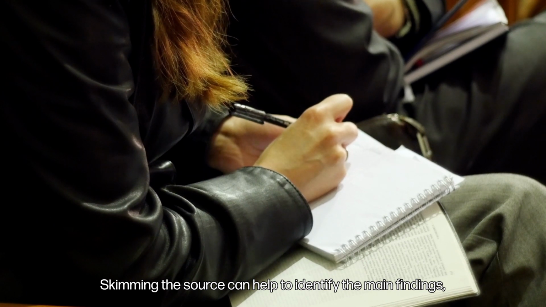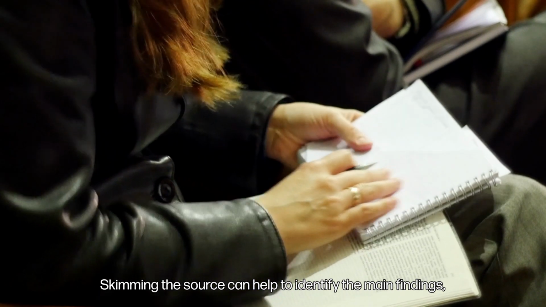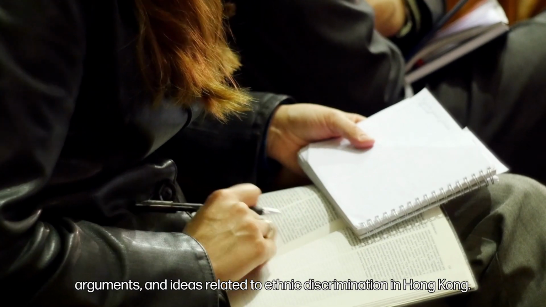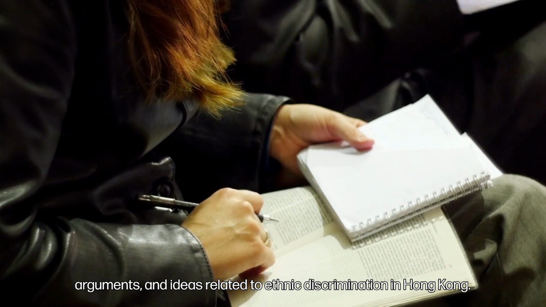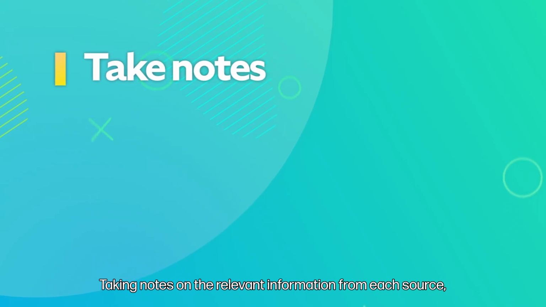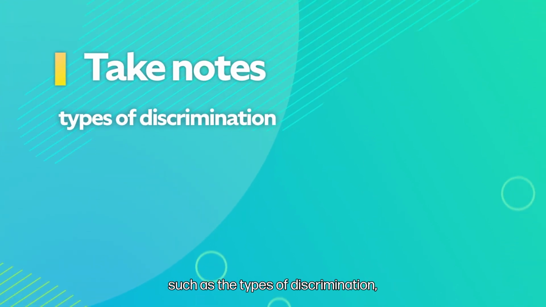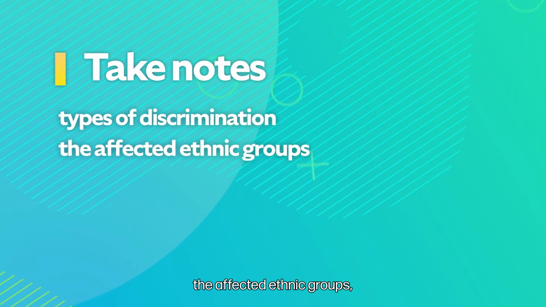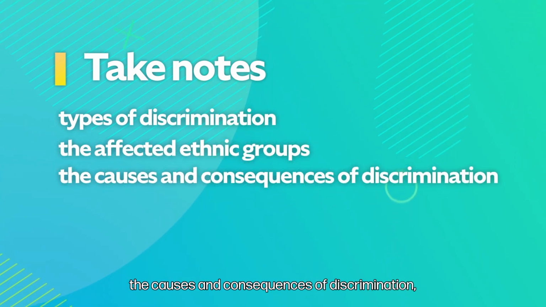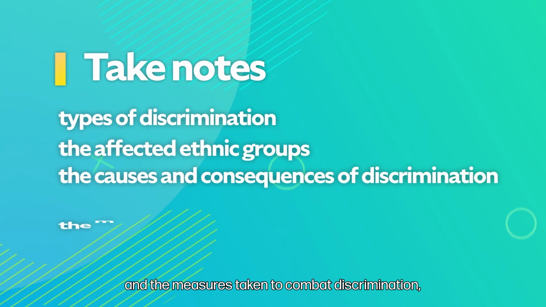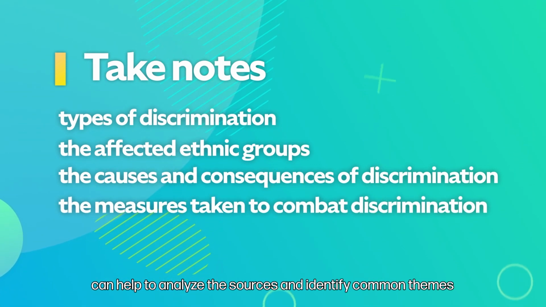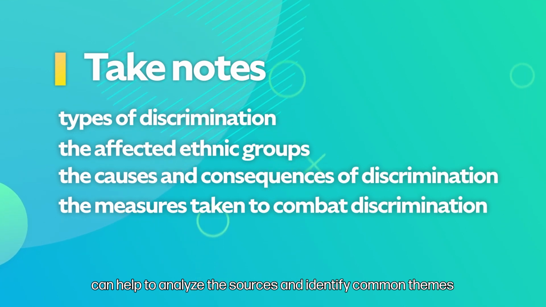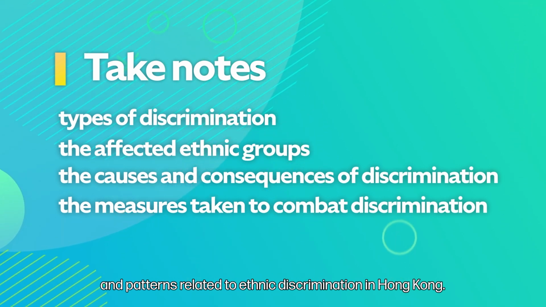Skimming the source can help you to identify the main findings, arguments, and ideas related to ethnic discrimination in Hong Kong. Taking notes on the relevant information from each source, such as the type of discrimination, the affected ethnic groups, the causes and consequences of discrimination, and the measures taken to combat discrimination, can help to analyze the sources and identify common themes and patterns.